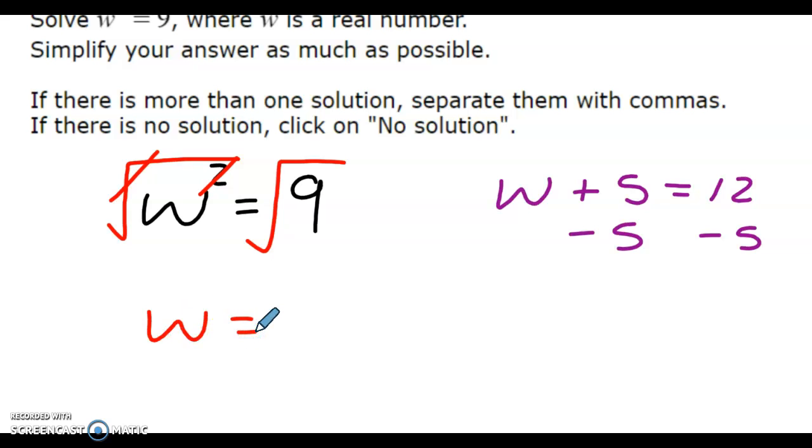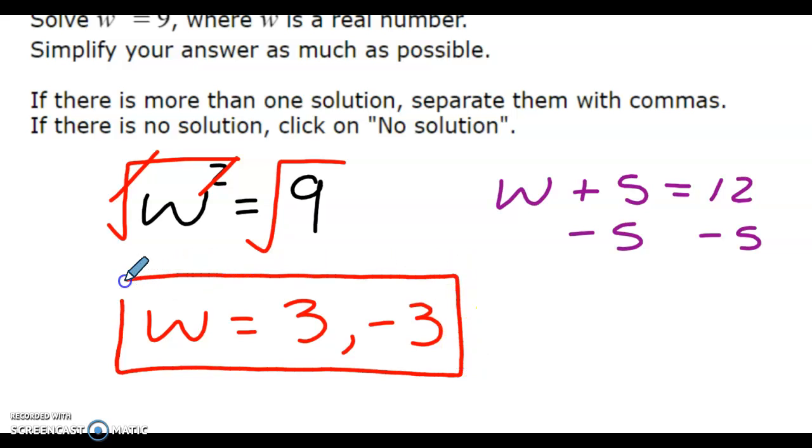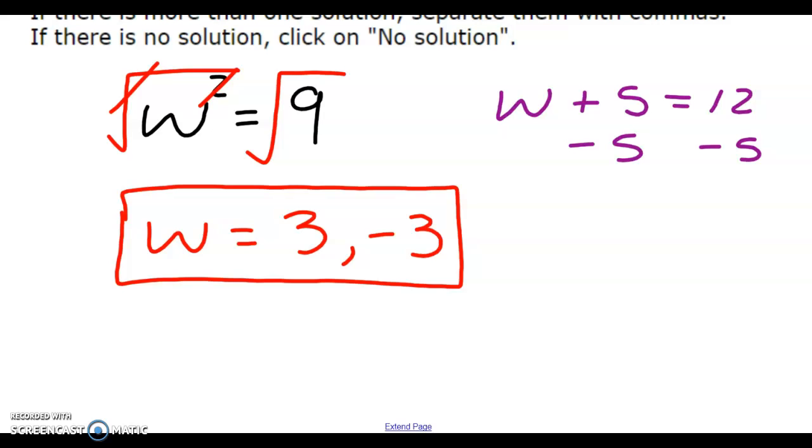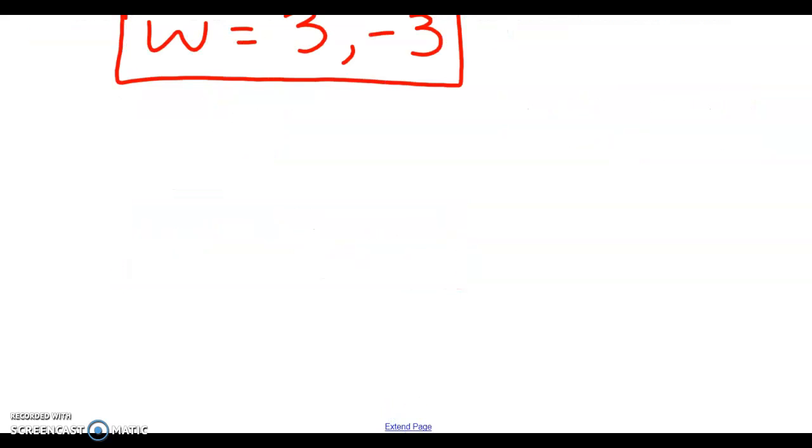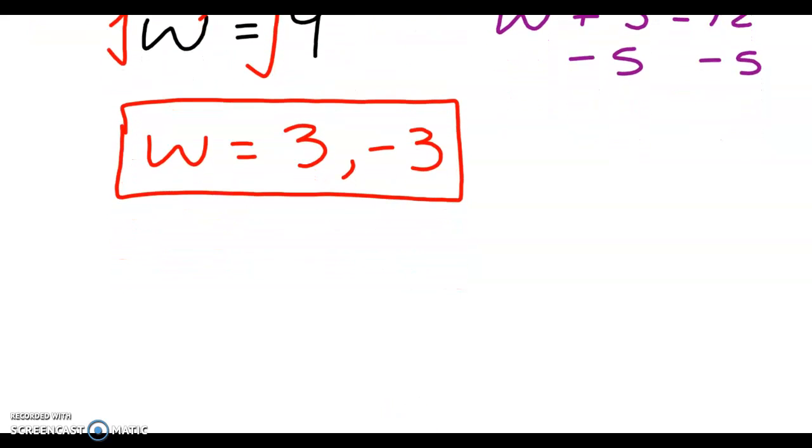And what we need to be careful about is making sure we're including both 3 and negative 3 as the possible roots of that for today. Because remember, when you have a w squared, that exponent of 2 tells you that there's 2 solutions. We've focused a lot in the past, especially with certain situations like solving for a distance or a length, on answers that are always going to be positive, right?